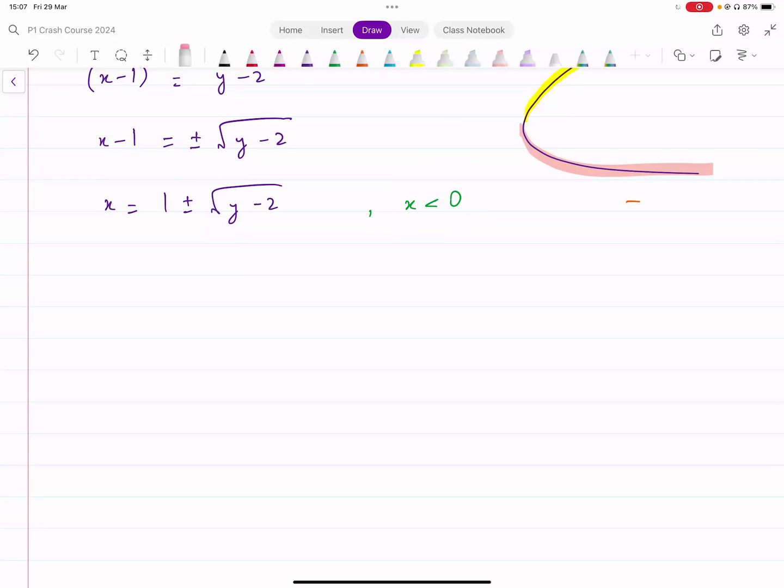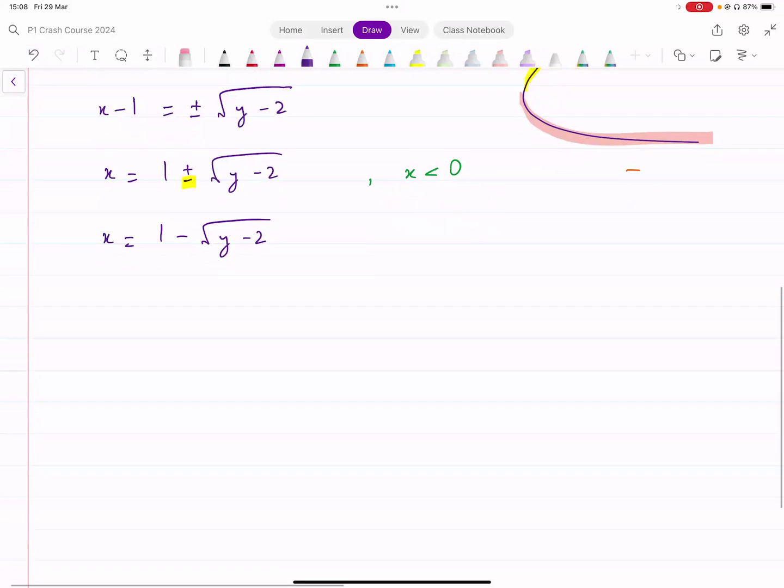On the other hand, if you do 1 minus something, that does have a possibility of being less than 0. With plus sign, you have no possibility of being less than 0. So looking at the domain of the original function, which was x less than 0, we decide that we should have a negative sign here. So we would write it as x equals 1 minus square root of y minus 2.